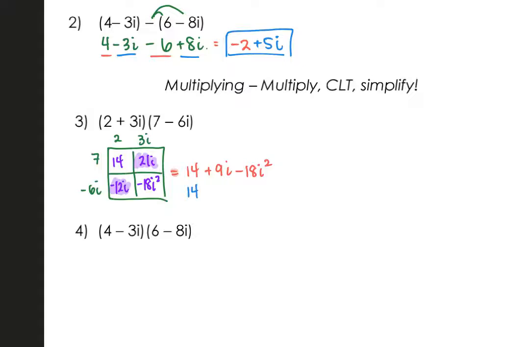So really this becomes 14 plus 9i minus 18 times negative 1. So this whole thing turns into plus 18. Now we actually have another real part. 14 plus 18 is going to give us 32, I believe. Yeah, 32 plus 9i.